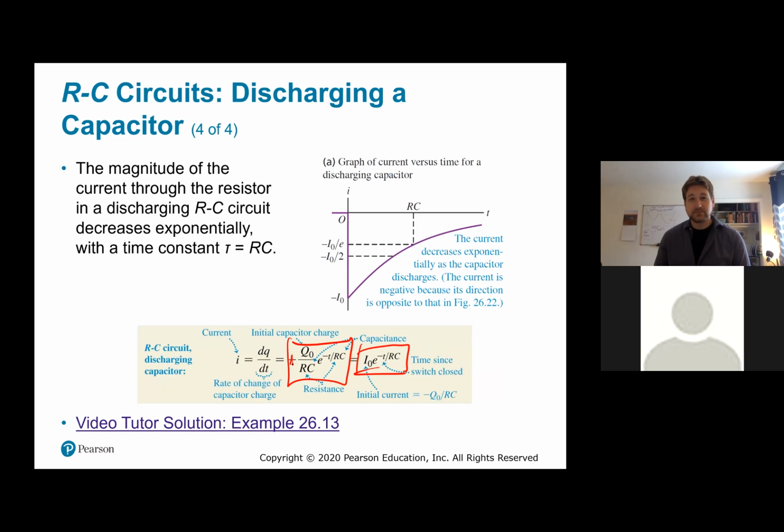Either way, we have to do a little conceptual work to make sure we understand that the charge on the capacitor is decreasing because it's causing current the other way, the opposite direction of the current that was used to charge it. That's all that minus sign is doing.